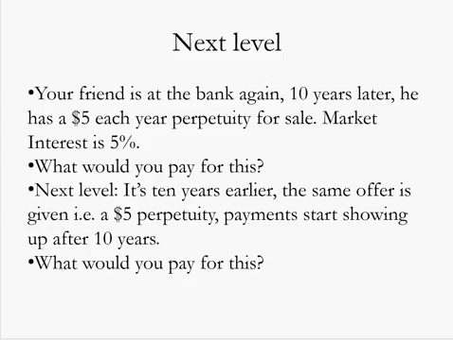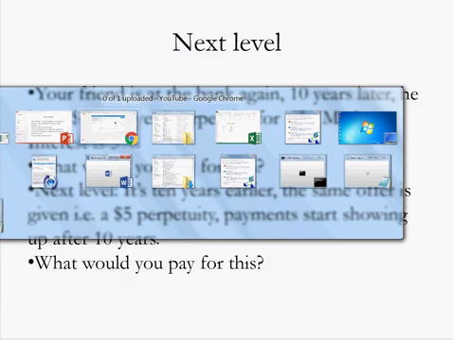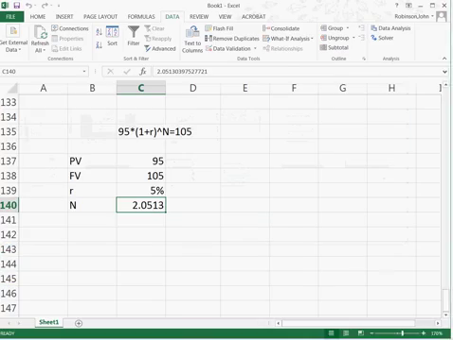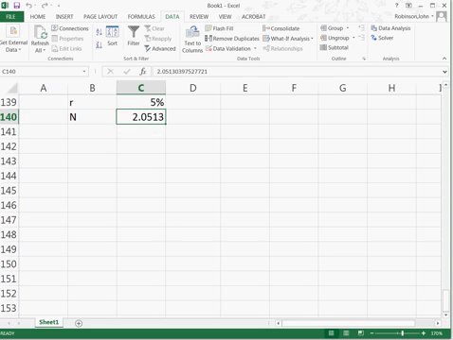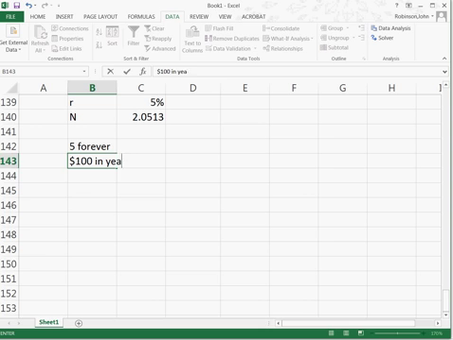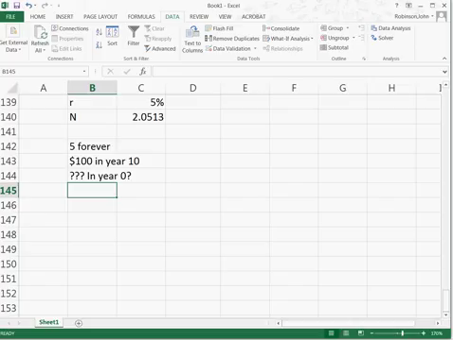All right, so let's go to Excel here and make a little map of this. We know that 5 forever is worth $100 in year 10. And we want to know, what is it worth in year 0? So we have $100 in year 10.